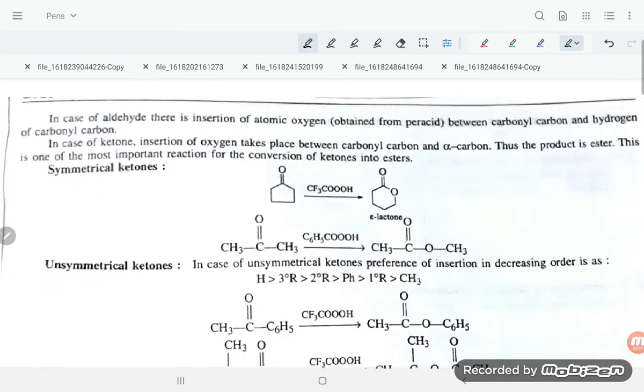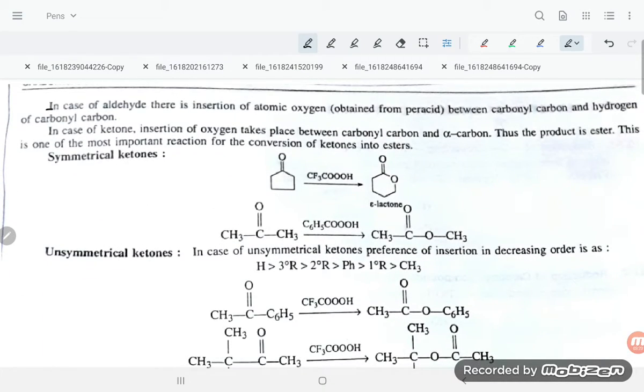Now let us write down one more statement. In case of aldehyde, there is insertion of atomic oxygen obtained from the per acid between the carbonyl carbon and the hydrogen of the carbonyl carbon.